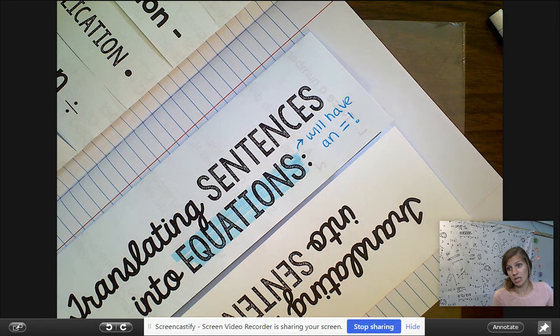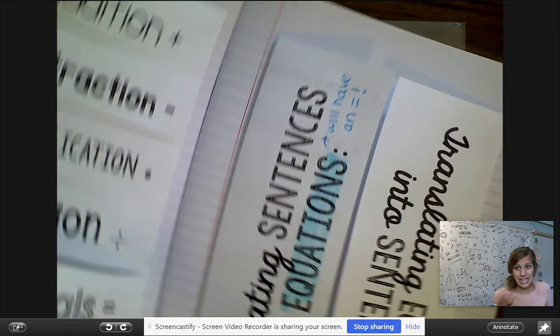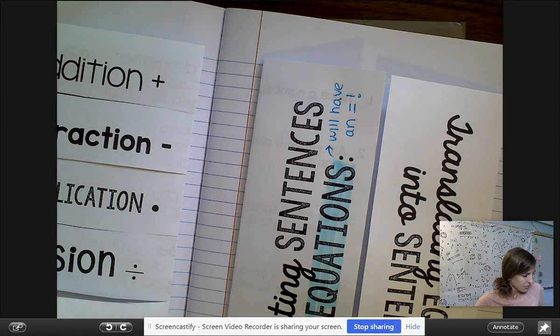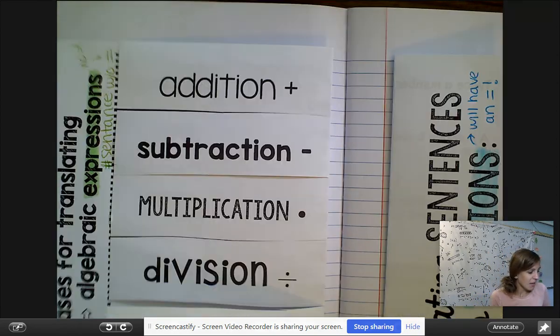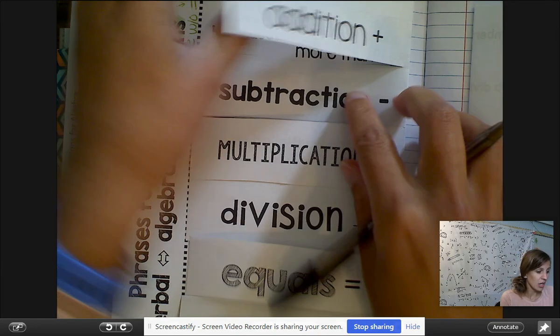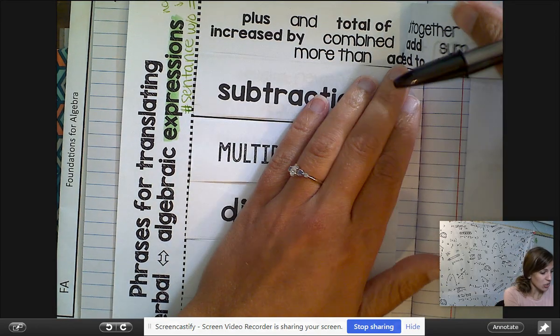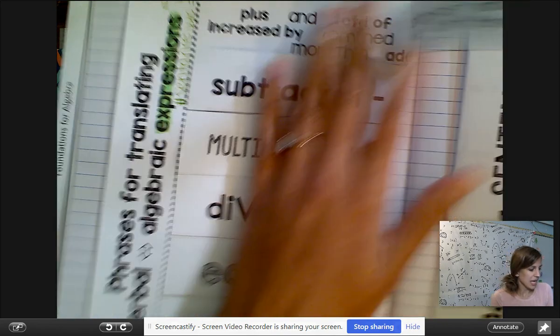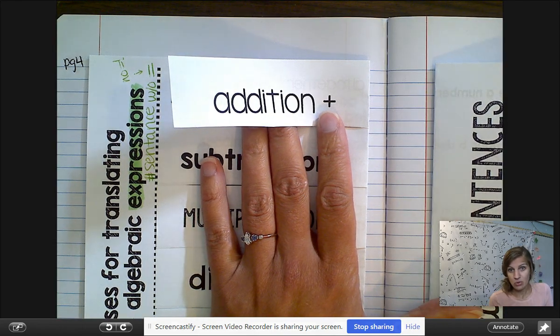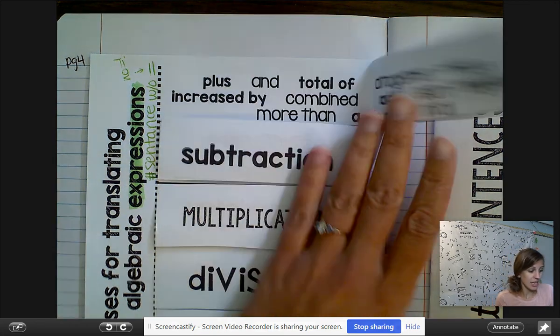So you will be using those is or altogether or total. You'll start using those words. Now, there's not much to really fill out on page 4. These are all just words that you can choose to use to represent addition, or might be used to represent the symbol addition in a sentence.